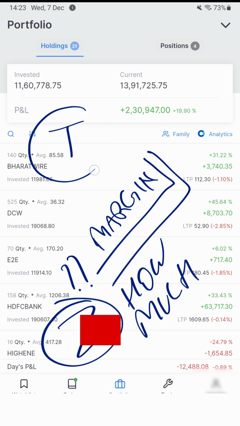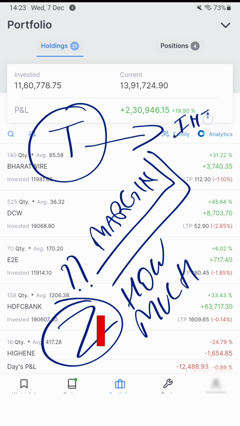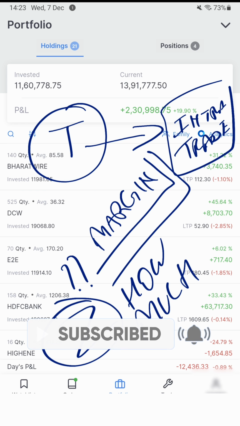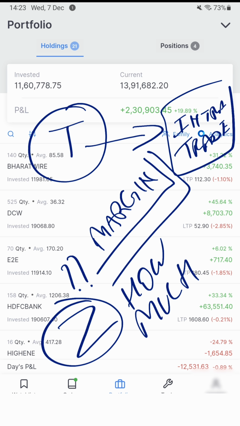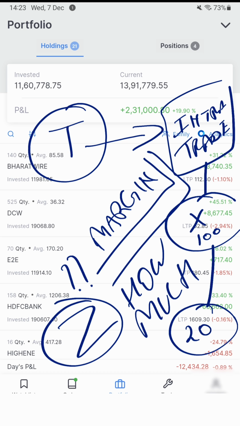When you take a trade, say for simplicity an intraday trade, you can also do this in many ways. There is something called pledging also, we'll get into that later. But when you say I want to take an intraday trade and this trade is of value X, say for simplicity 100 rupees, margin basically means that you only need to have say 20 rupees in your account and you can take the trade for 100 rupees.